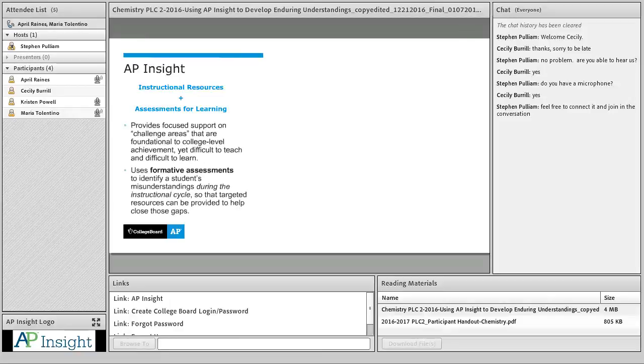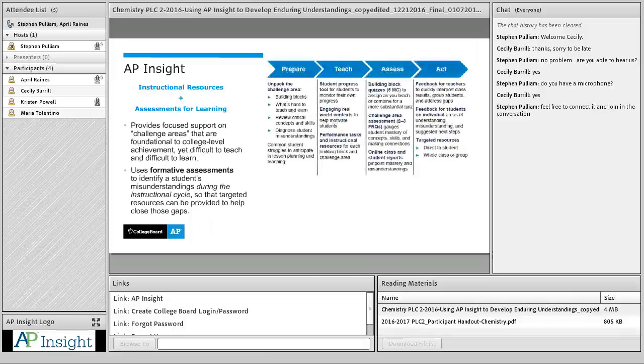That's right. Right, so there's a lot of formative assessments with AP Insight. That's kind of the backbone. There are the building block quizzes. There are the challenge area assessments, which is what we're going to focus on tonight.